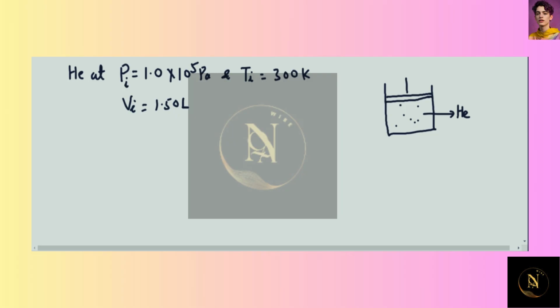The gas then undergoes two processes. In the first process, gas is heated and the piston is allowed to move to keep the temperature equal to 300 Kelvin.